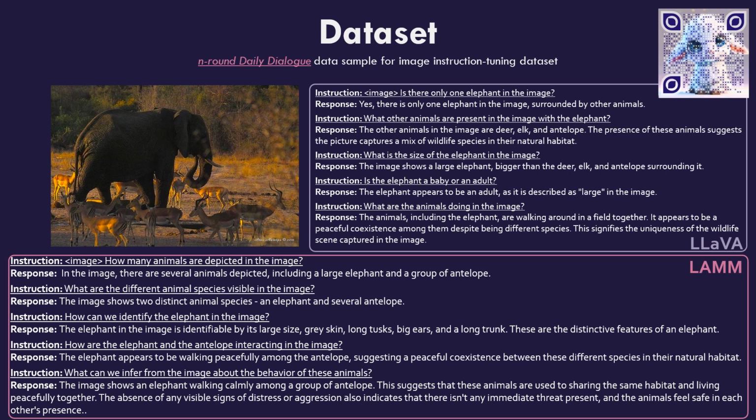Specifically, when considering data of the N-round daily dialogue type, LAMM's data demonstrates a greater emphasis on questioning the relationships between objects. For example, a question might ask, how are the elephant and the antelope interacting in the image? Furthermore, LAMM's data also includes inquiries about deeper-level reasoning behind the images, such as what can we infer from the image about the behavior of these animals?